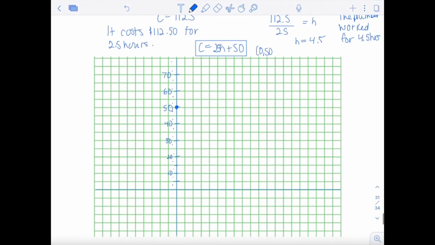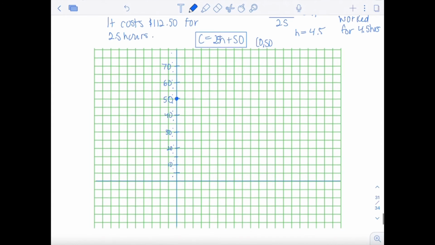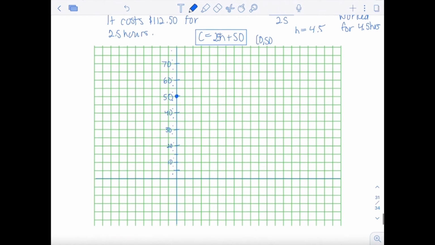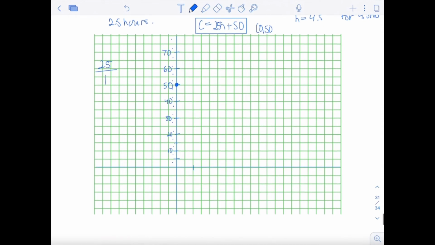And I know my slope is 25, which means my rise is 25 when my number of hours is 1. So why don't we do this? 1, 2, 3, 4, 5, 6.